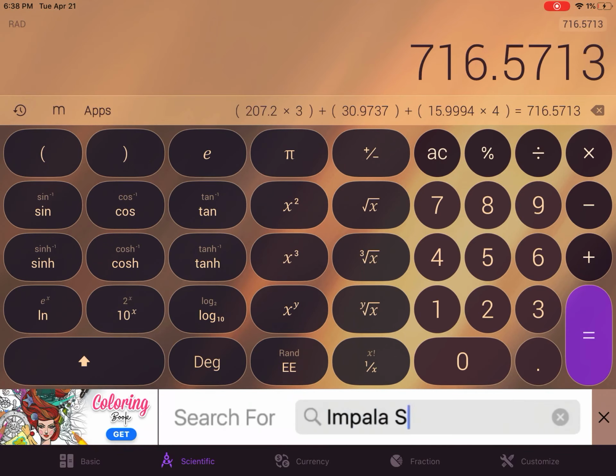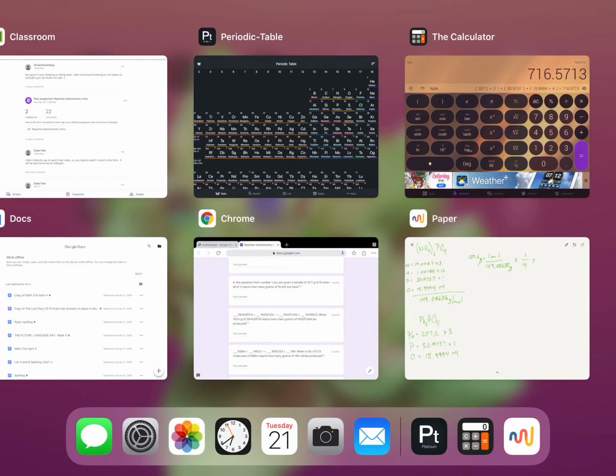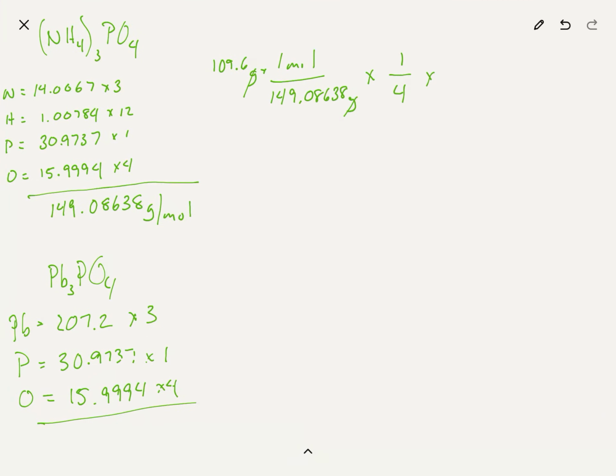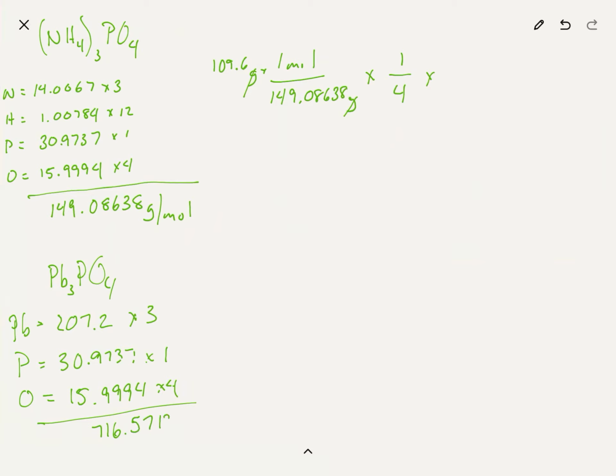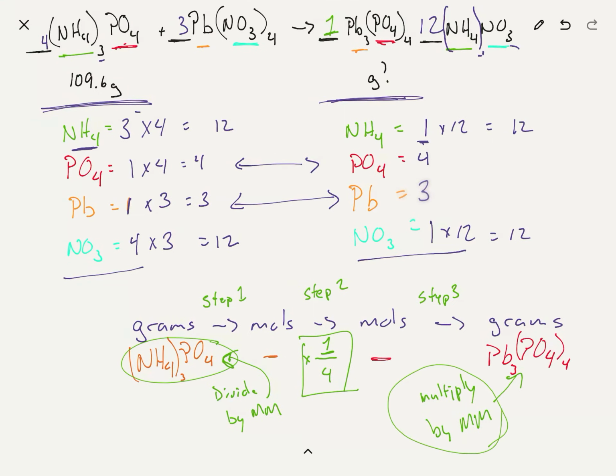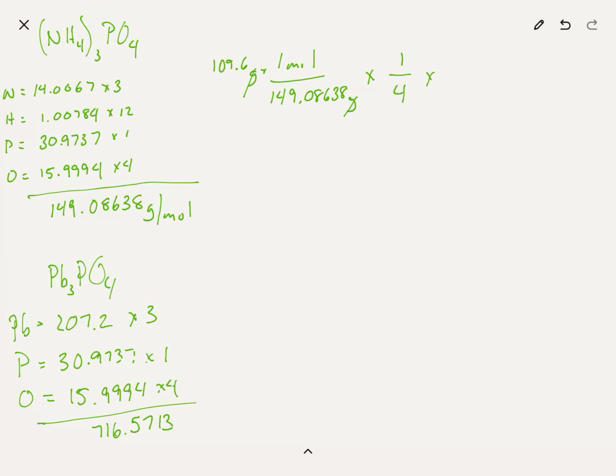And that gives us 716.5713 grams per mole. So we are going to take that, if we looked at that last step, we need to multiply by the molar mass. So we're going to multiply by 716.5713 grams per mole.